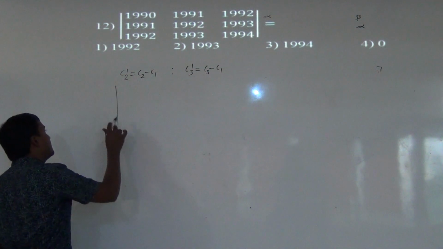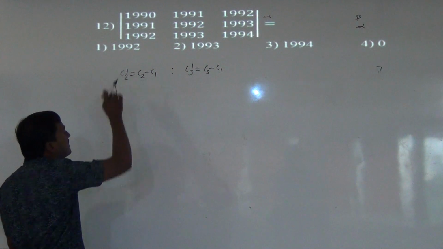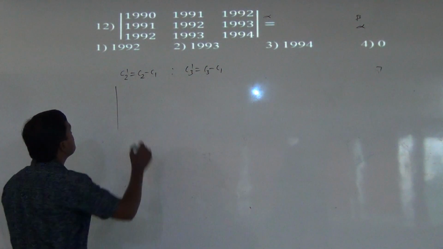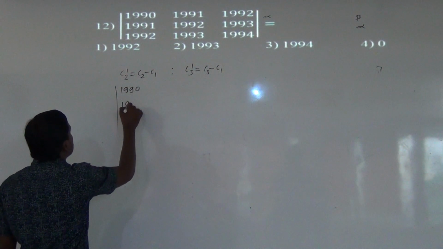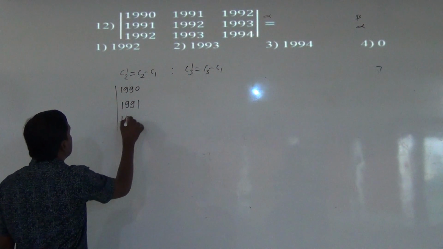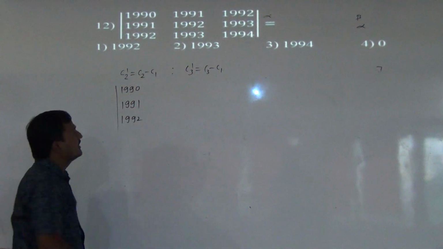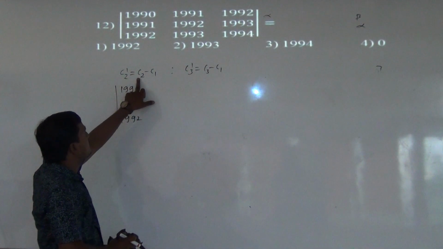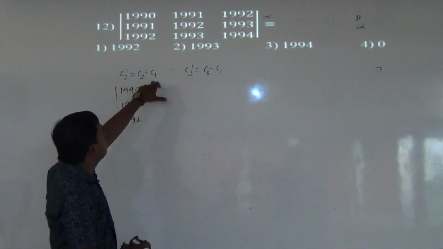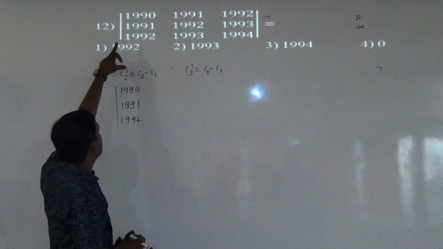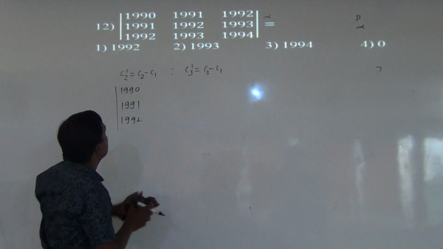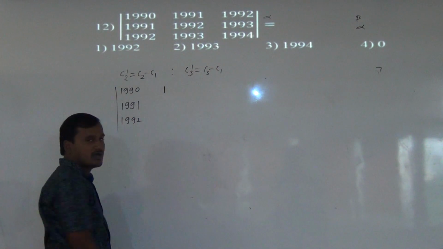So according to this, I should write the first column as it is, so that is 1990, 1991, 1992, right? Now I should apply C2 dash equal to C2 minus C1. So C2 is 1991 minus 1990, clearly it is 1.